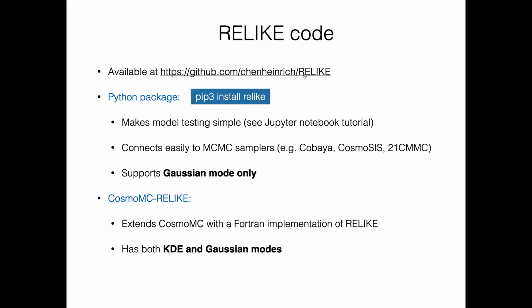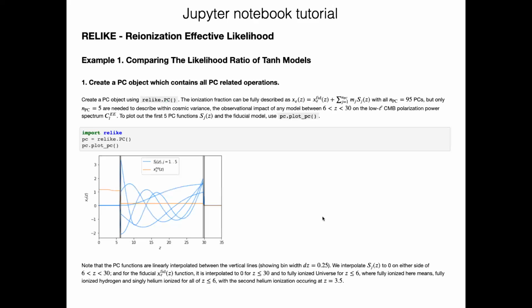So everything is over here in this code. I just want to show you a little bit of how it works. It's really easy. You import RELIKE. You can plot the PCs over here.